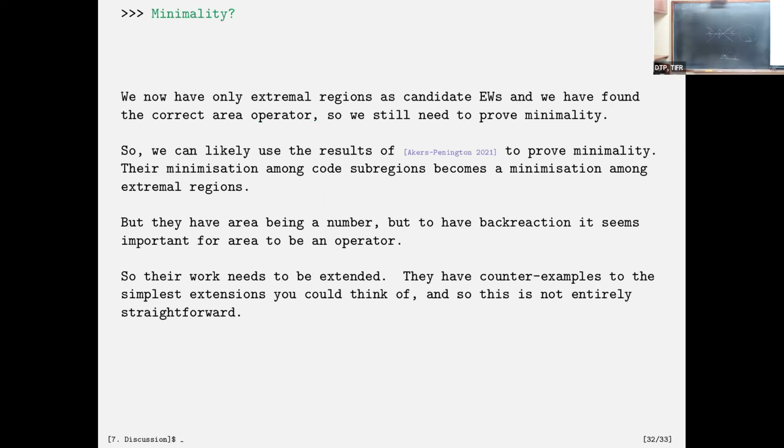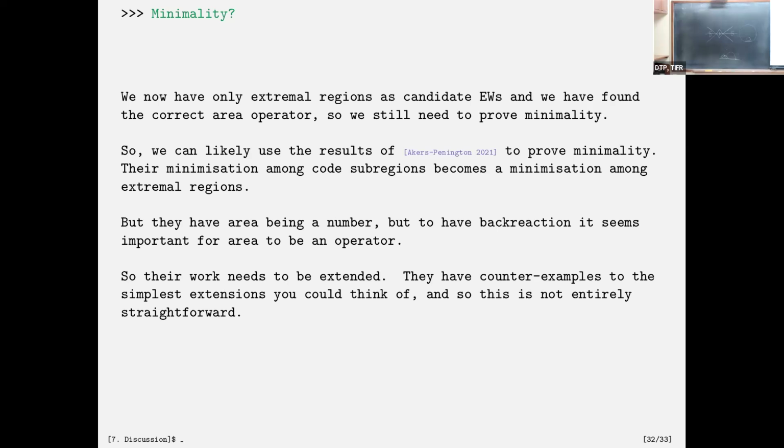And this is where this paper about quantum approximate error correction might be useful, though I still have to make this precise. The idea is that this paper was able to prove minimality in quantum error-correction terms, but not extremality.